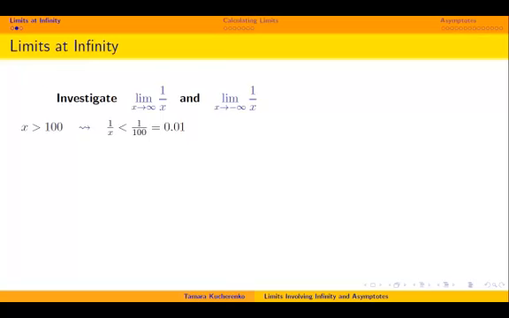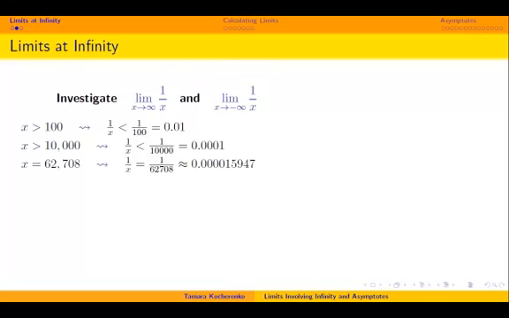When x gets larger, say x is greater than 10,000, then 1 over x gets even smaller, specifically smaller than 0.0001.